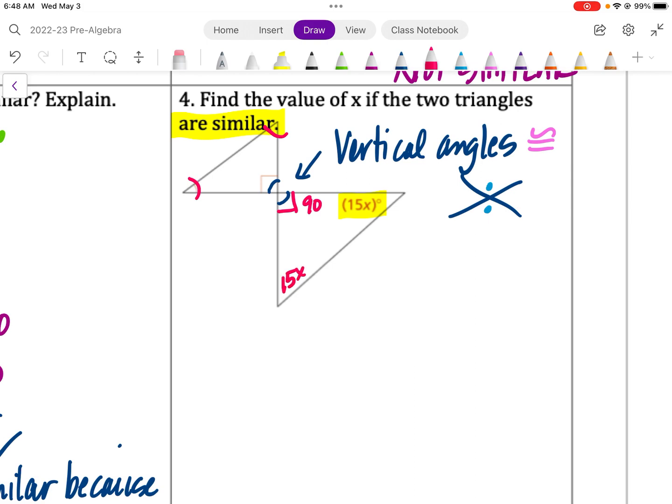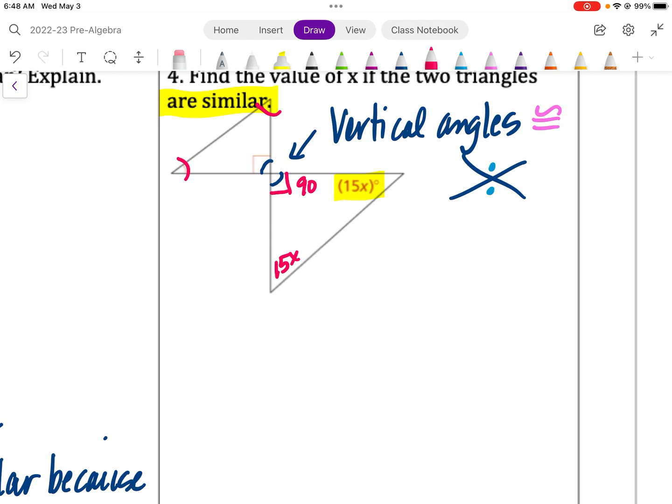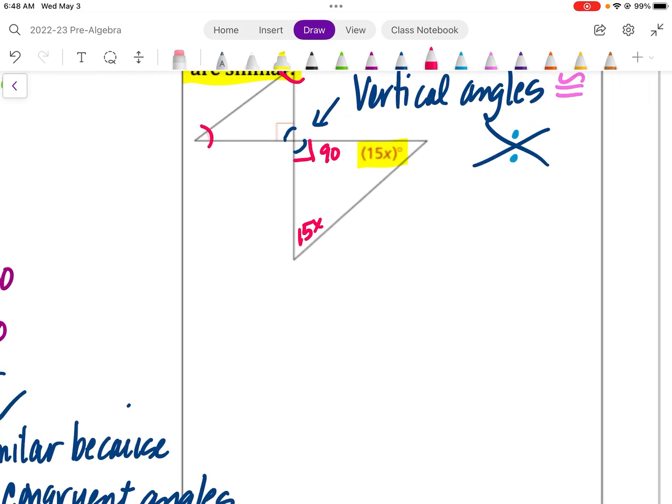And again, if you think about our transformations, if you were to reflect the little triangle on top of the big triangle, those angles would land on top of each other. Okay, so now using what I know about angle measures in triangles, I can add up all three of those angles, 15x plus 90, and it should equal 180.